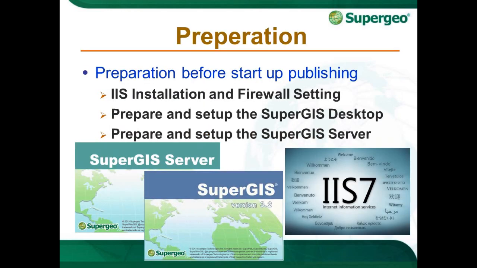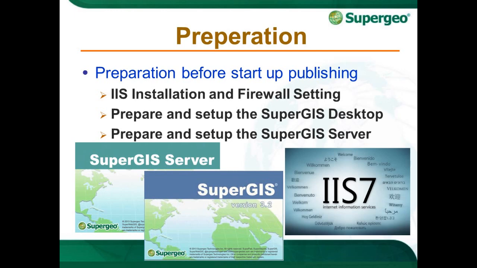Before you start to design and publish your geoprocessing, it is very important to make sure the preparation has been made. There are three important parts. You have to be very careful that the first is the installation of IIS and all the firewall settings within your server environment.